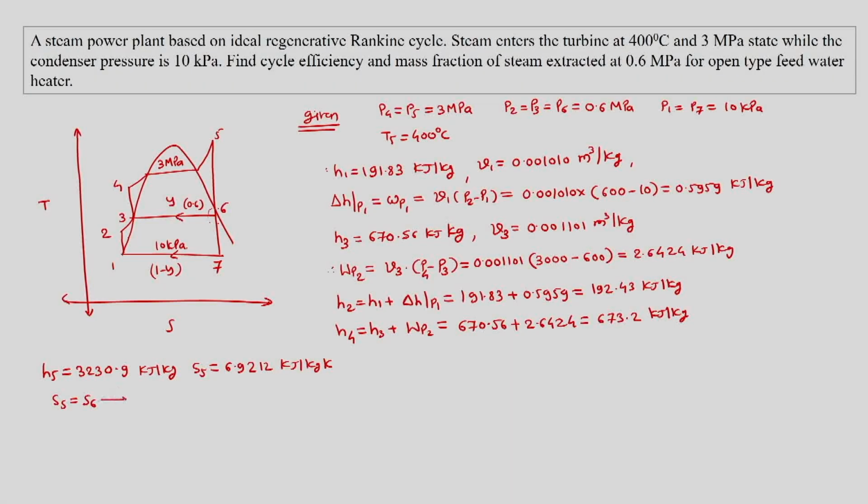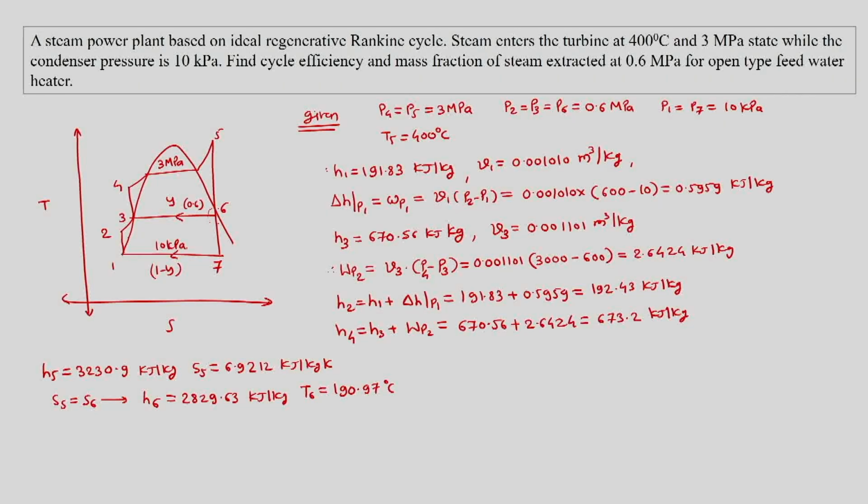So we can get H6 from here, and H6 turns out to be 2829.63 kilojoule per kg. For this, T6 is 190.97 degrees Celsius.